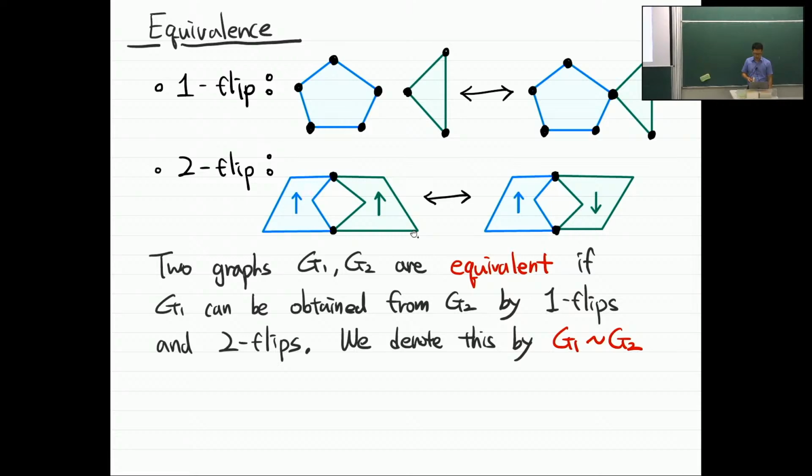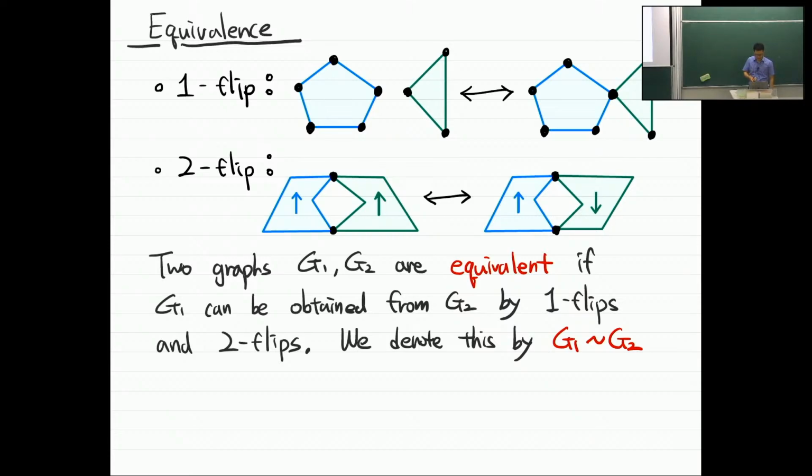For two-flip, this is more complicated. First of all, we need to take a two-separation of a graph and separate the graph according to the boundary vertices, flip one part upside down, and identify those two vertices again.